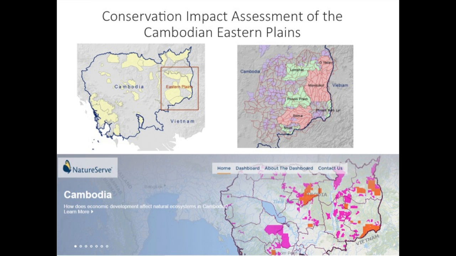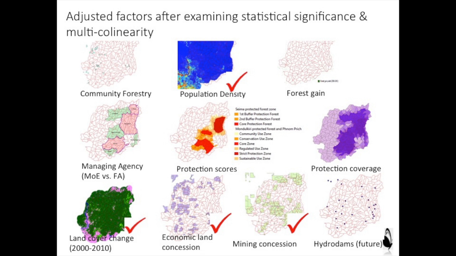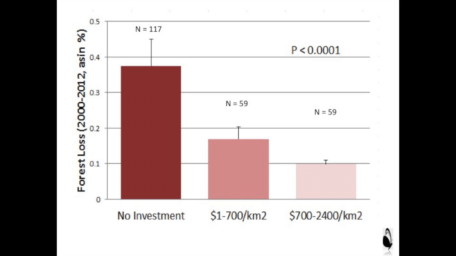A linear regression model was applied, and after multiple factors were adjusted, we found that it's clear in the eastern plain of Cambodia, the conservation investment slowed down the forest loss, and the greater investment had a bigger impact.